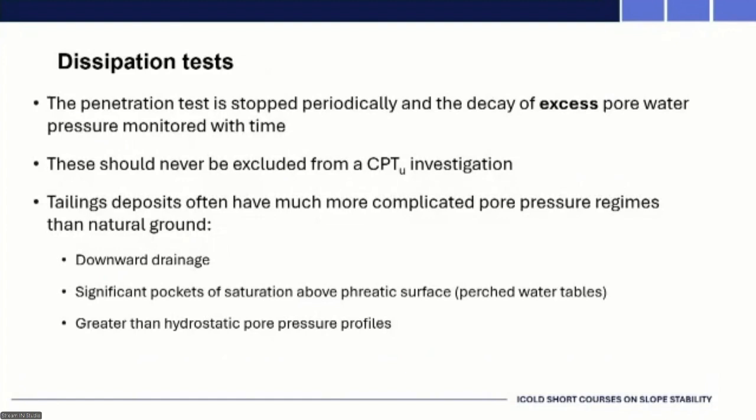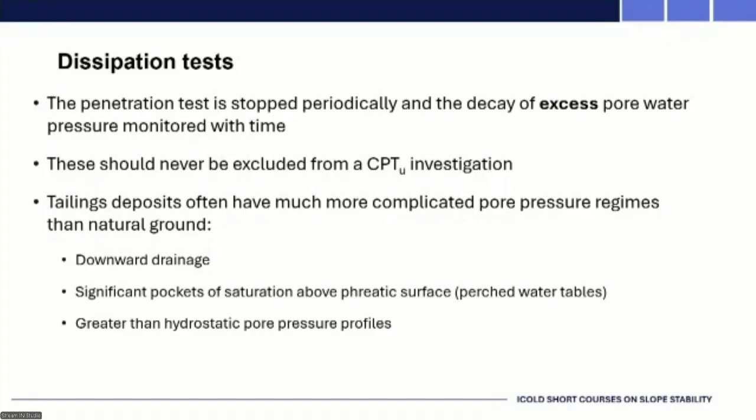Now, periodically, during a penetration test, the contractor will stop the penetration and let that excess pore pressure decay. So if it's positive, it'll come down. If it was negative originally, it'll go up. These, I think, are absolutely crucial to any CPTU investigation. Now, I do see an overuse, where people are doing it at every meter.